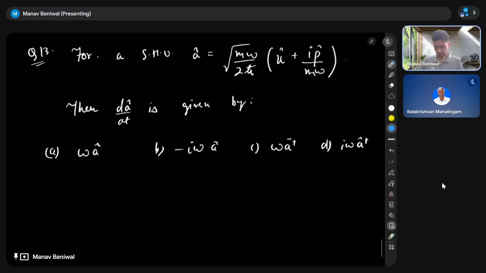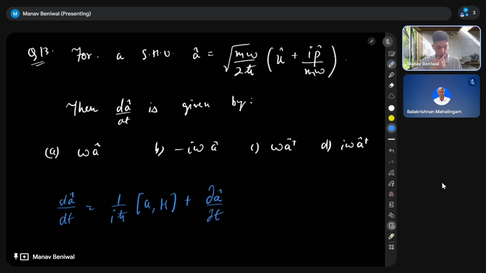Okay, so whenever we want to find the time dependence in Heisenberg picture, we know we have this equation of motion: dA by dt is 1 over iota h cut [A, H] plus del A by del t.